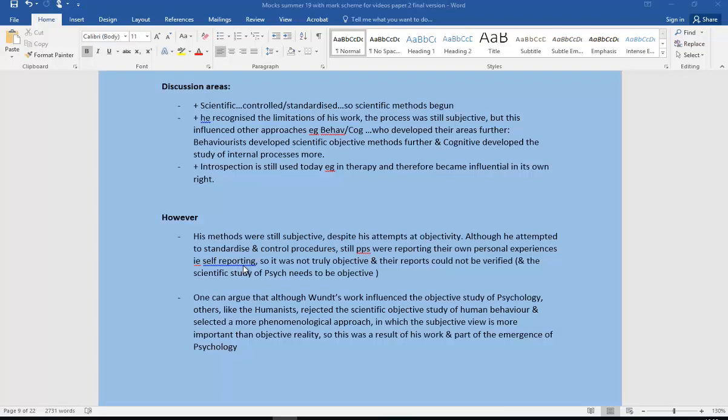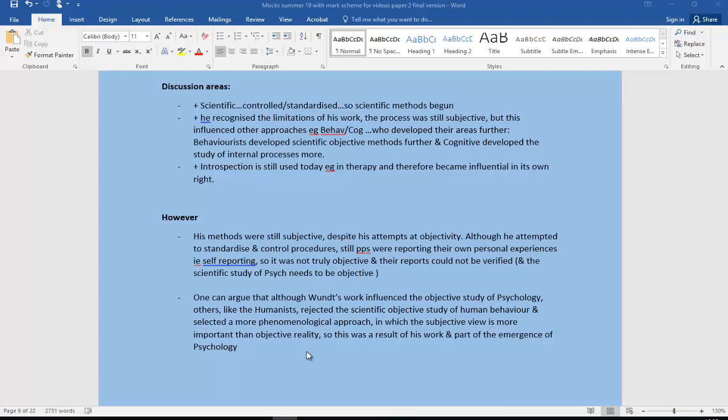So in other words, they're still self-reporting. So it wasn't truly objective. And if it's not truly objective, you can't verify those reports. That is, it's internal processes, it's introspection. So scientific study of psychology needed to be objective, so that was a limitation.